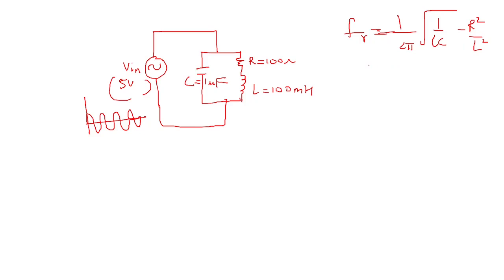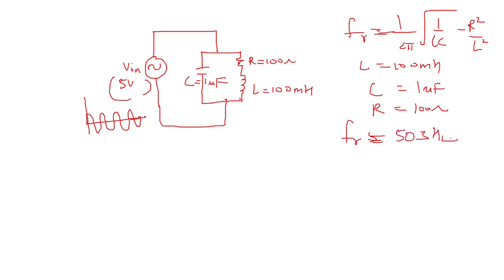If you put L equal to 100 millihenries, C equal to 1 microfarad, and R equal to 100 ohms, we get the resonant frequency fr as 503 hertz. This says that when we vary the frequency, the output current will be minimum at around 500 and it will be higher above and below 500.